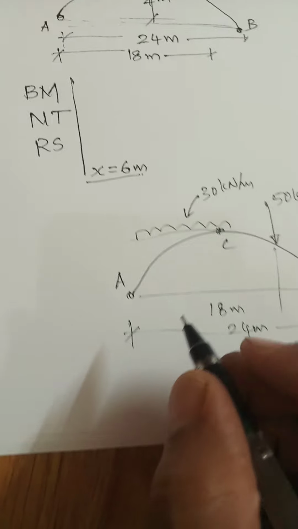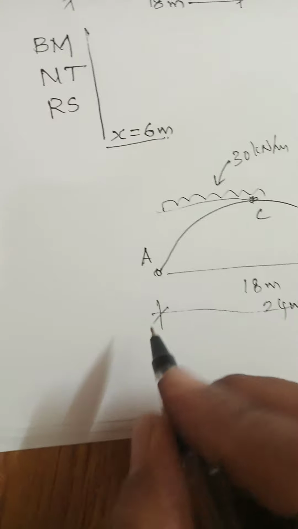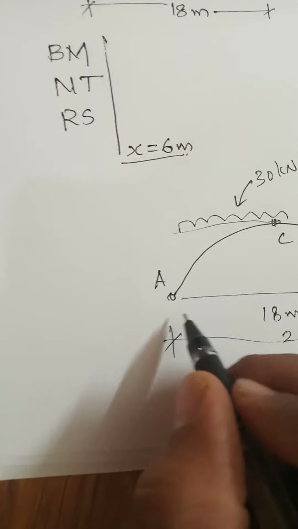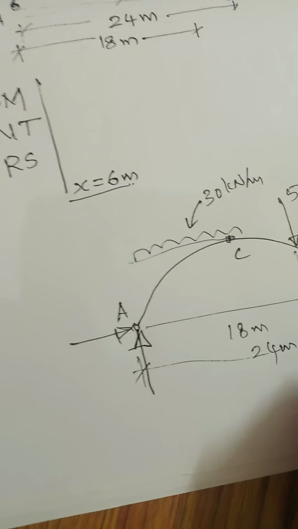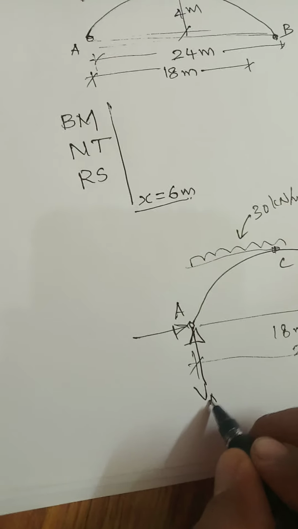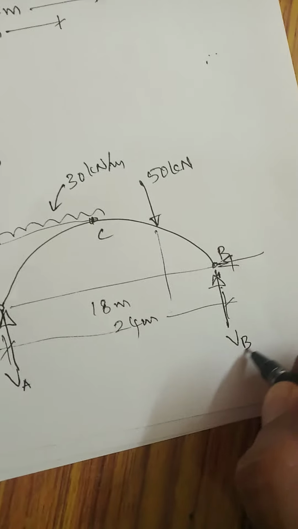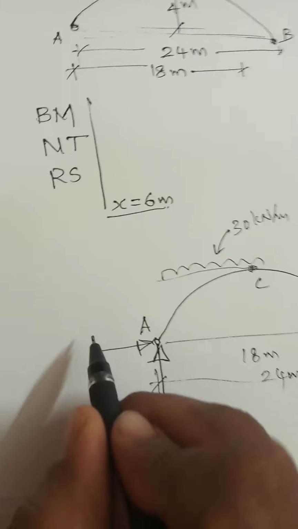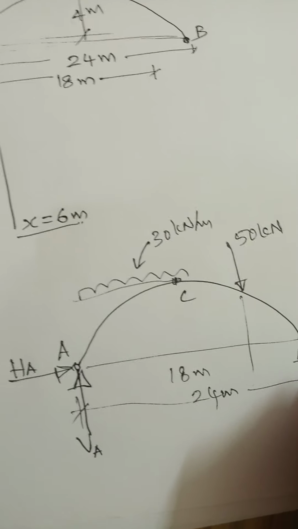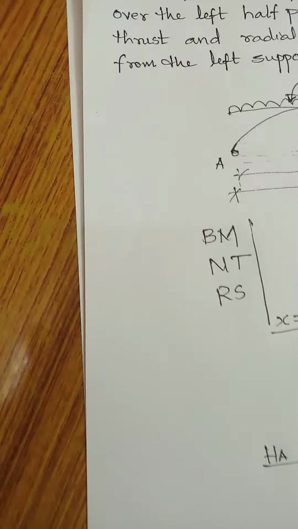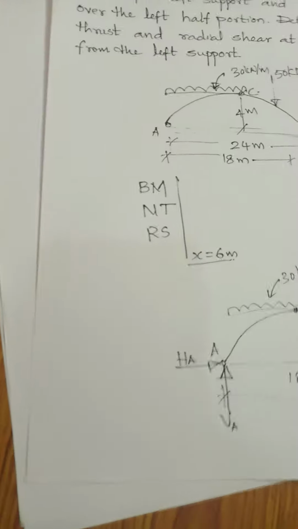Since it is a hinge support, it will have one vertical reaction and one horizontal reaction here, and one vertical reaction here. I will write the names as VA, VB, then HA and HB. Here we'll apply the equations of static equilibrium.